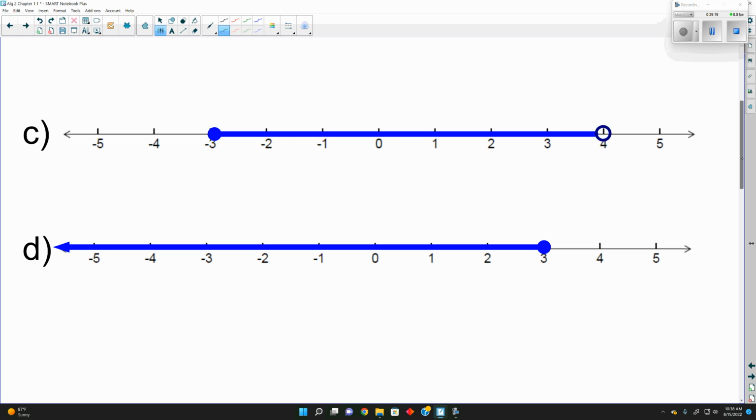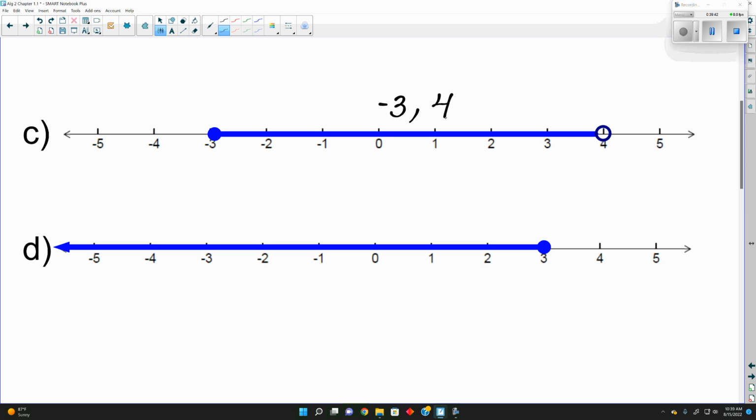So this is now in a graphical form. Now this first one here is bounded because we have two specific endpoints, yes? So if I want to write this in interval notation, we're going to have two numbers. Specifically, one is going to be -3, and the other is going to be 4.